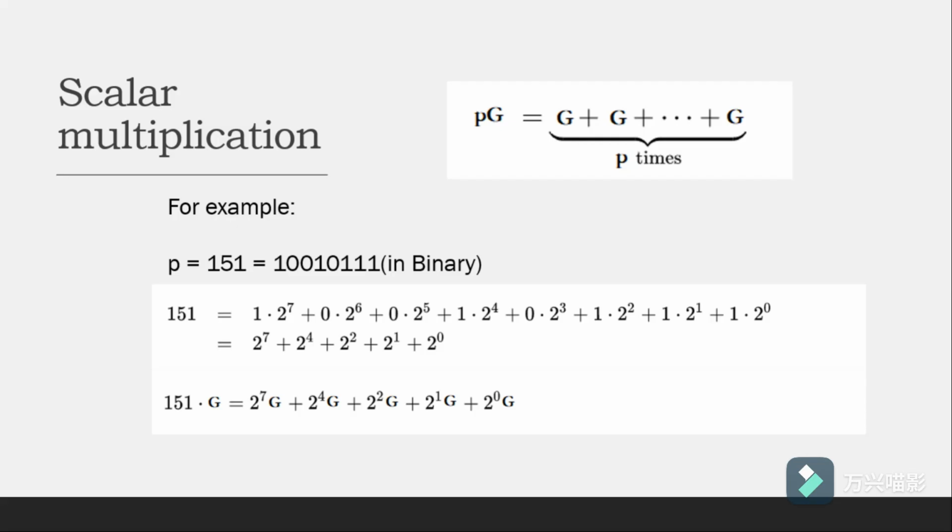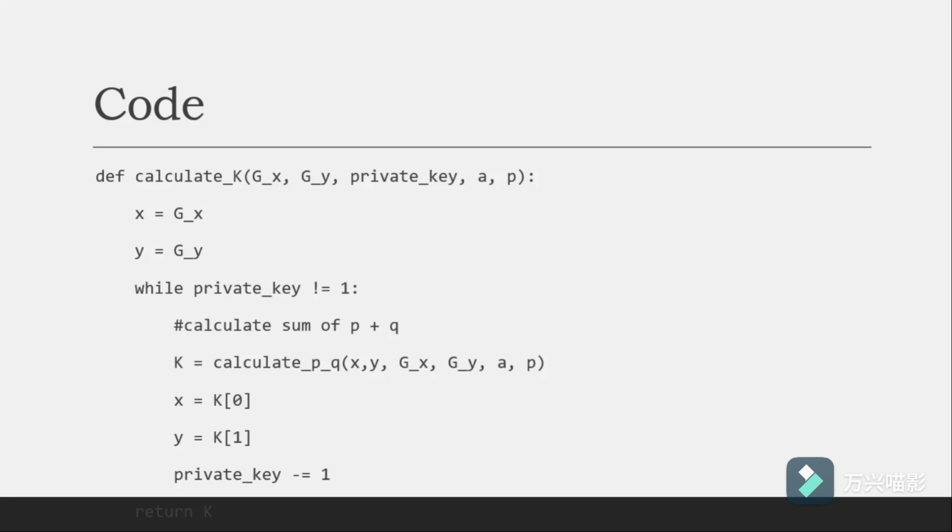So 151 can equal 1 times 2 to the power 7 plus 0 times 2 to the power 6 plus 0 times 2 to the power 5 and so on. 151 times G is equal to 2 to the power 7 G plus 2 to the power 4 G plus 2 to the power 2 G plus 2 to the power 1 G plus 1 G. And here is the code for how we calculate the public key.